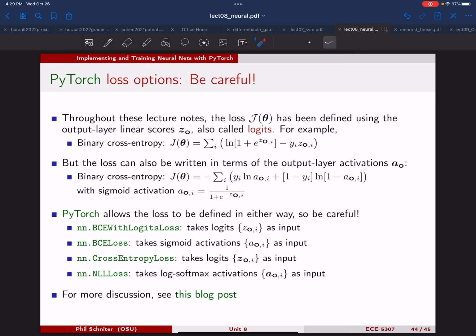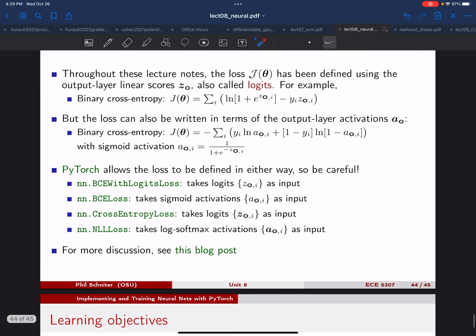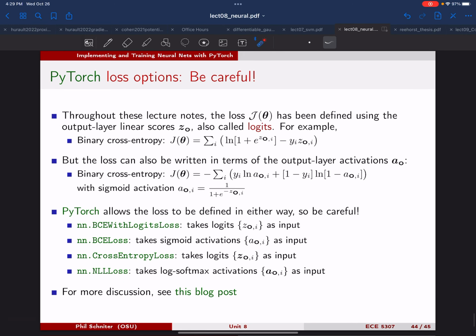Okay, so one other thing, actually the very last thing to talk about is that when you work with classification and you want to do something like binary cross entropy, there's 2 ways to do it in PyTorch. And we talked about this a little bit before, but I just want to reinforce it again.